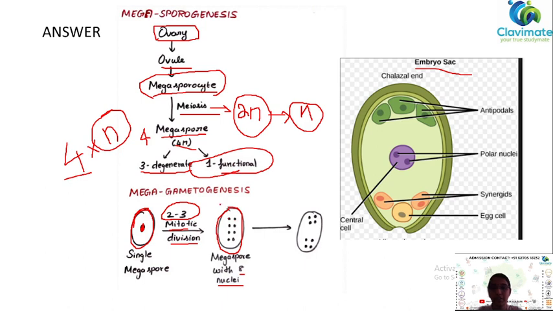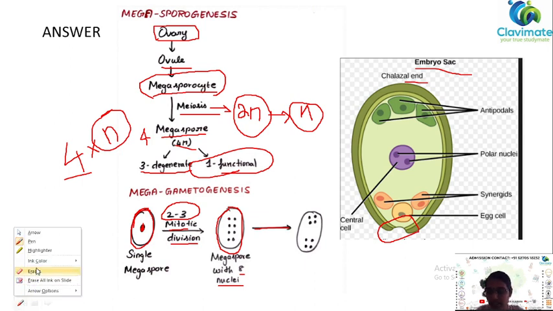So you have to remember here there are 8 nuclei, not 8 cells. So after this you will get 4 travelling to the chalazal end, that is opposite of the micropylar end, and 4 travelling to the micropylar end. So this is the micropylar end as we saw earlier.